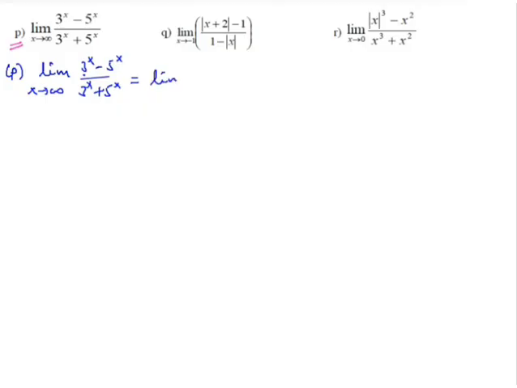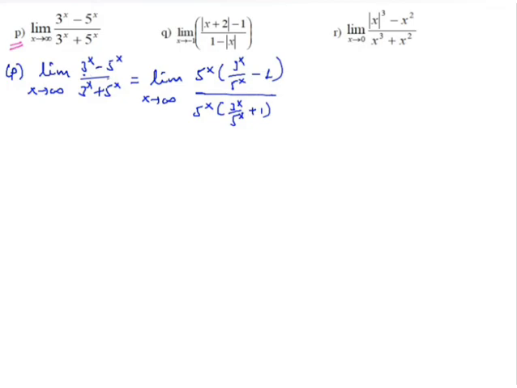We can rewrite this as 5 to the power of x times (3 to the power of x over 5 to the power of x minus 1) over 5 to the power of x times (3 to the power of x over 5 to the power of x plus 1), as x approaches infinity.